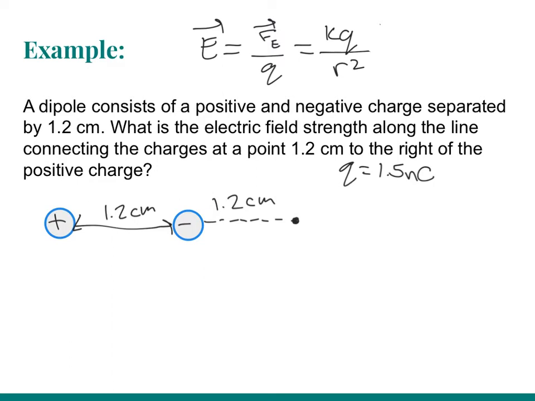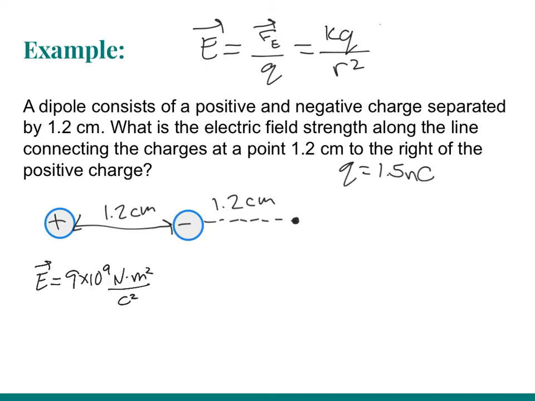So to calculate the field strength of the positive, we've got the electric field due to a point charge equals k. k is 9 times 10 to the 9th newtons times meter squared over coulombs squared. I need to be more consistent about putting my units in there because they're important.